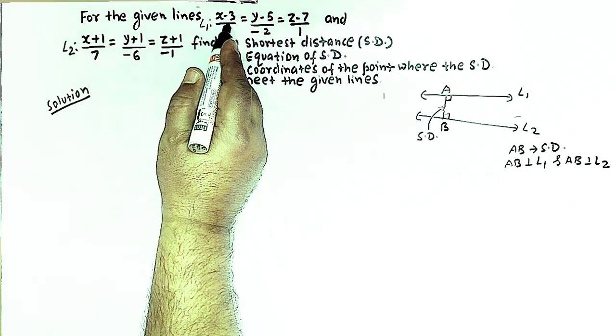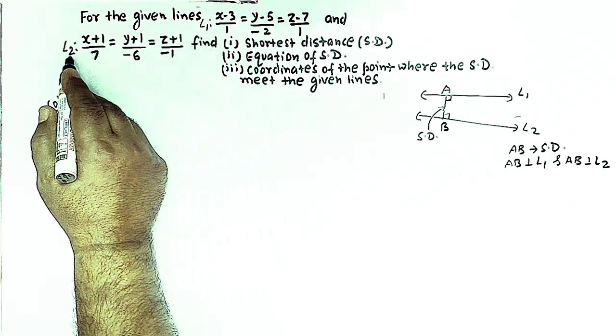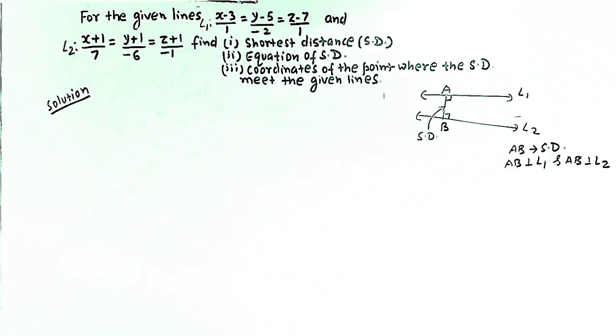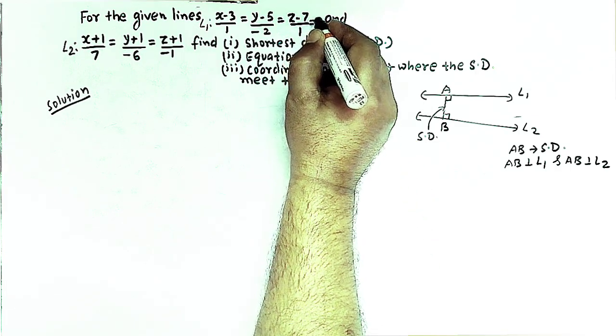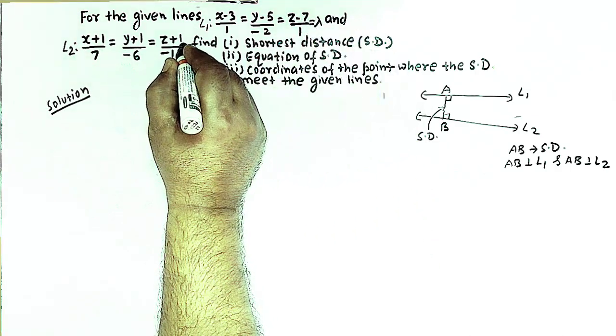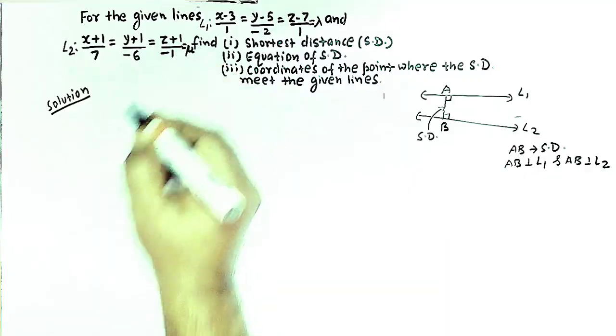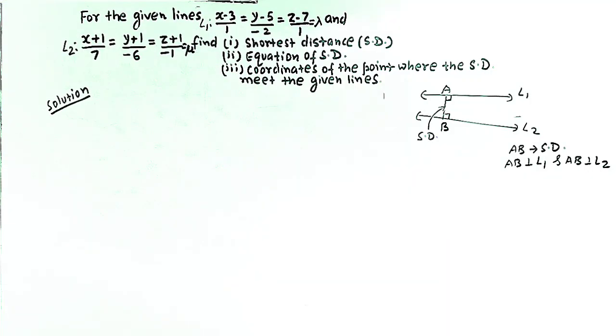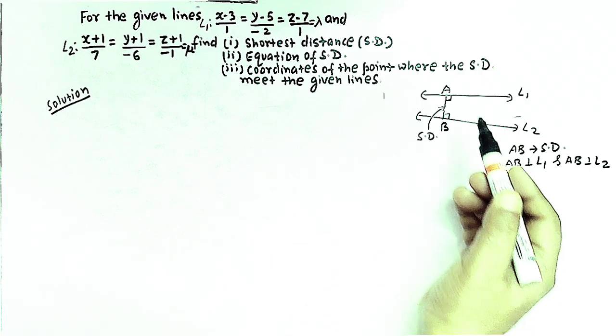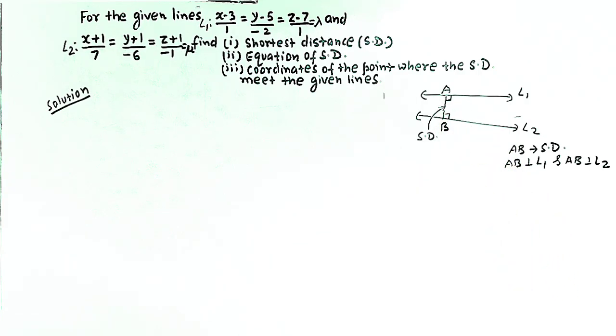So here we are taking this line as L1, this line as L2, and now let us take two scalars, lambda and mu, to find out the coordinates of this point A and the point B, right?